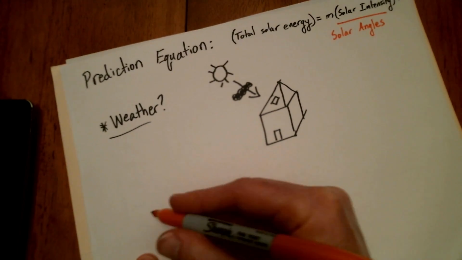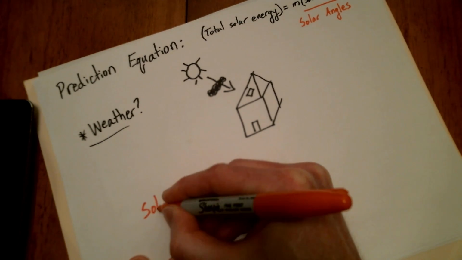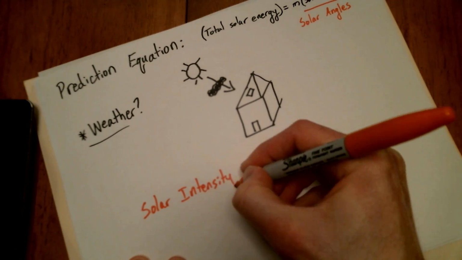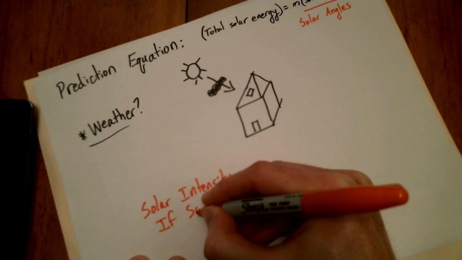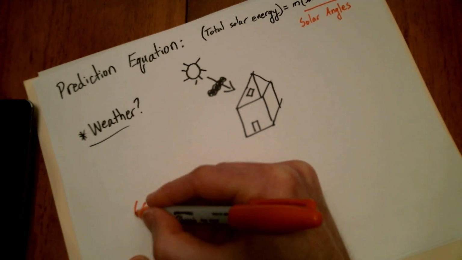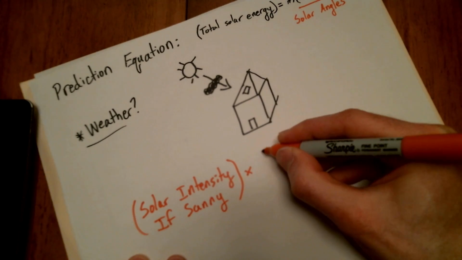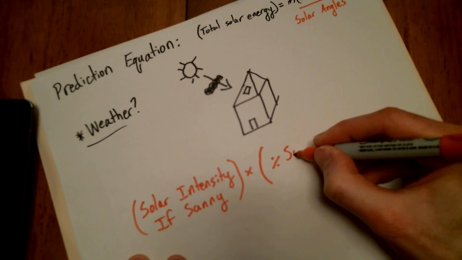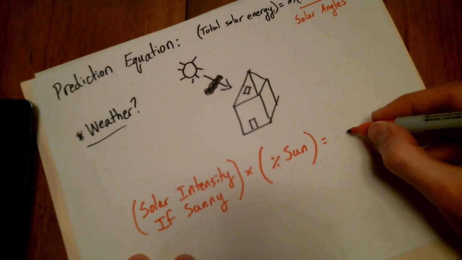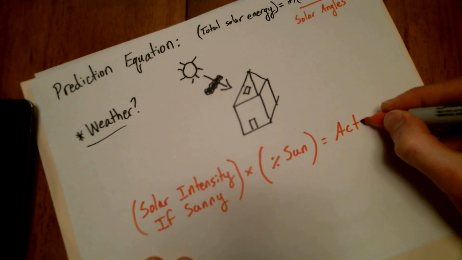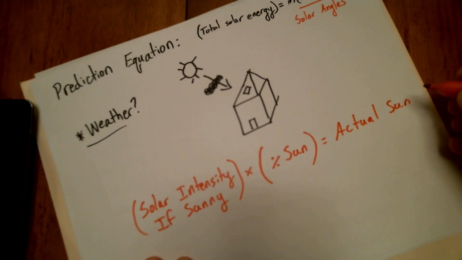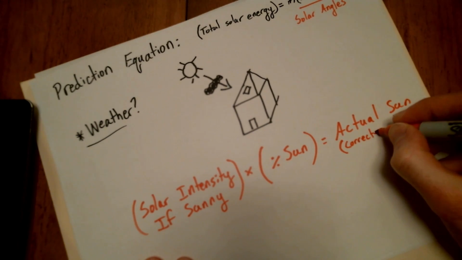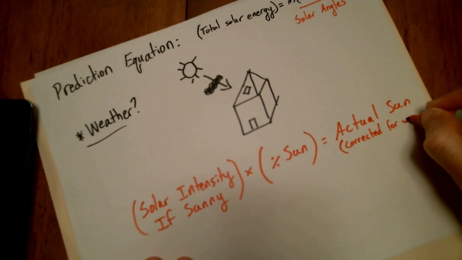So we have essentially solar intensity if sunny, and we're going to multiply that by what we're getting from our weather data, which is essentially percent sun. And this is going to give us what we can call actual sun, or corrected for weather.